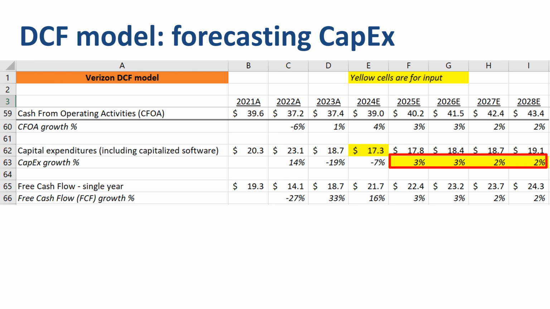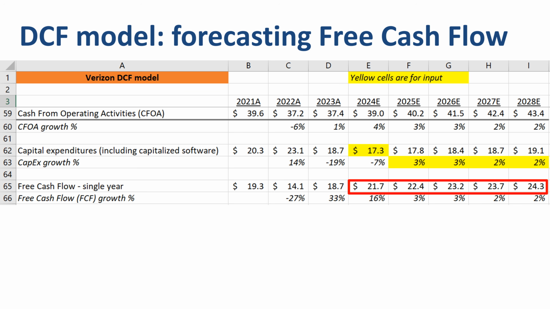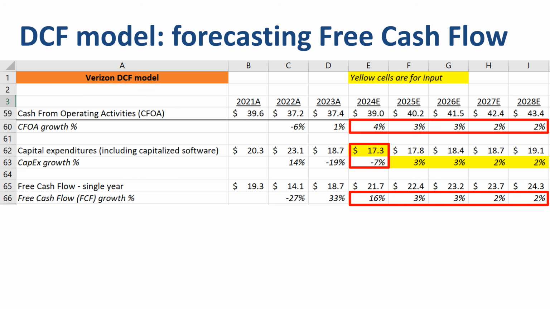And here we are, a free cash flow estimate for each of the 5 coming years, slightly ahead of the $21 billion that we forecasted for 2024 in our shortcut approach earlier, and growing in line with revenue in the years thereafter. The 16% forecasted free cash flow growth versus prior year in 2024 is a one-off, the result of 4% forecasted CFOA growth and a 7% decline in CapEx spending, now that the peak investment years have passed.